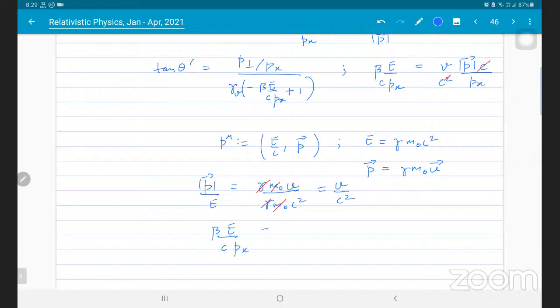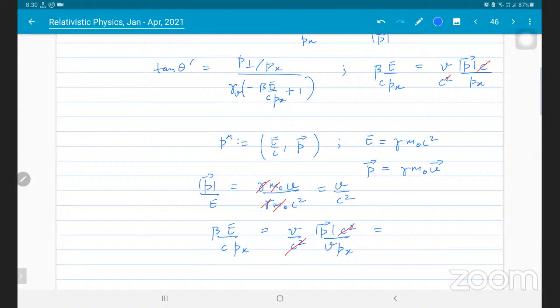Now I can write this expression beta e by c px. It becomes v by c square, and then e can be written, using this relationship, as vector magnitude p c square over u, and then divided by px. Got it. So c square cancels out, right?